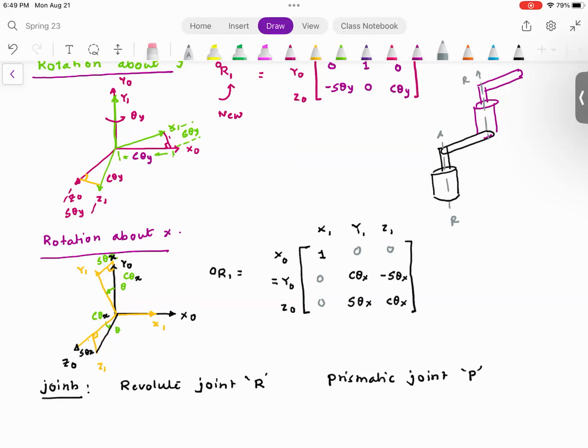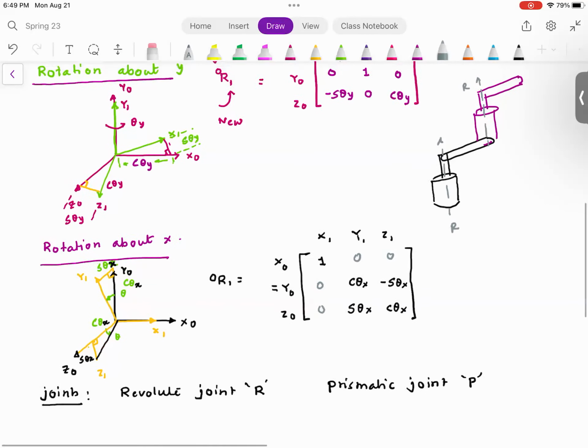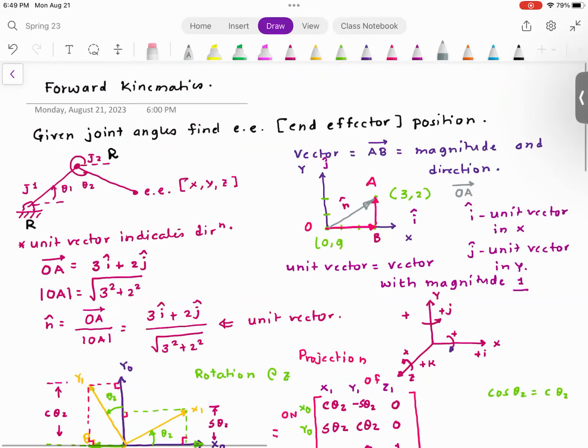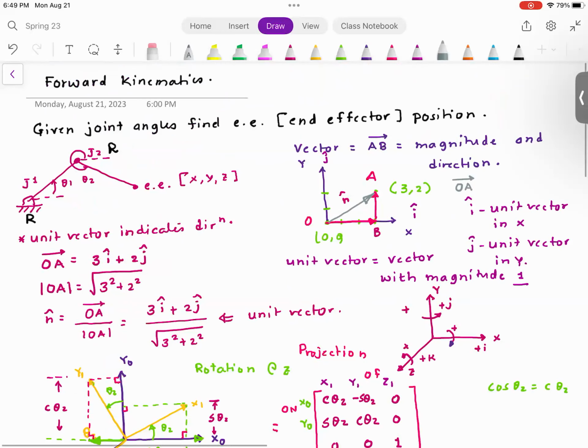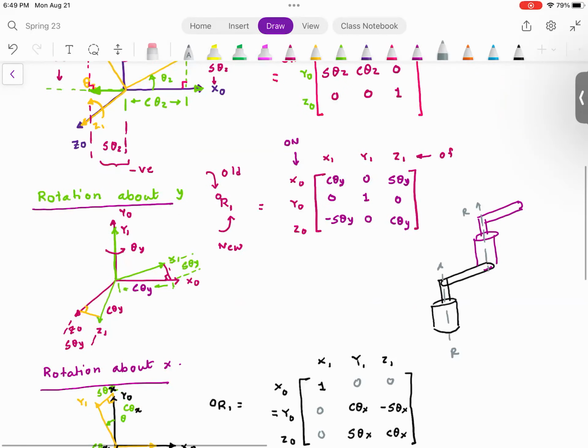If you look at this robot from the top, it looks like this. One thing I want you to understand is that this revolute joint is parallel to this revolute joint. So this robot is called R parallel R. If you add one more joint, it would be R parallel R parallel R.